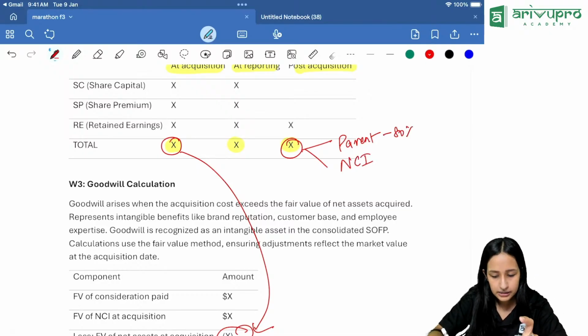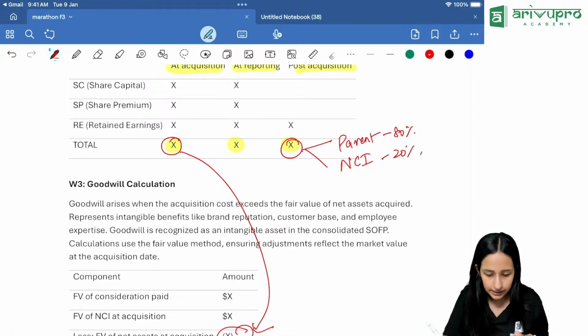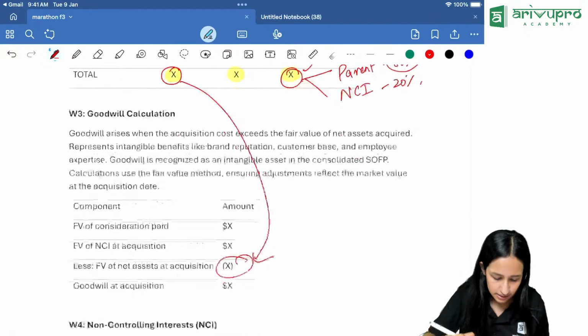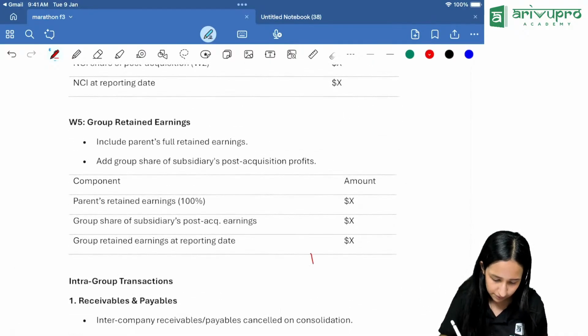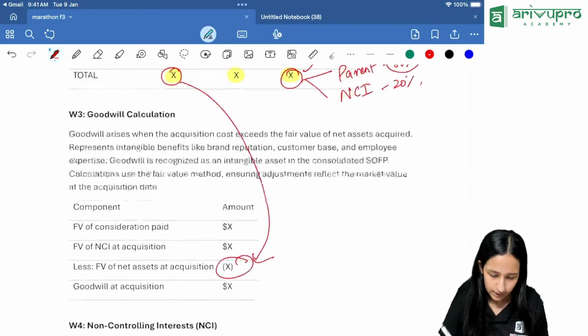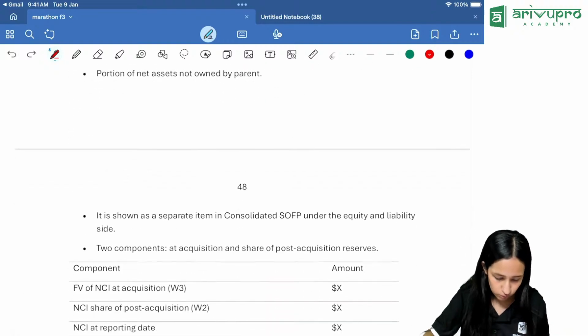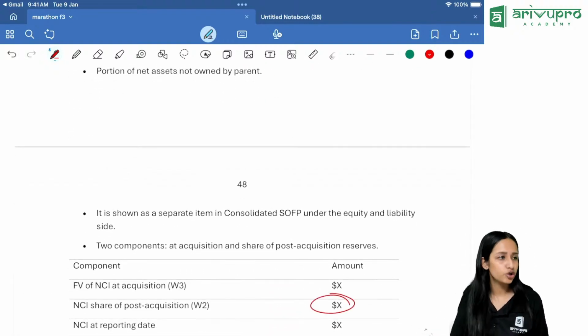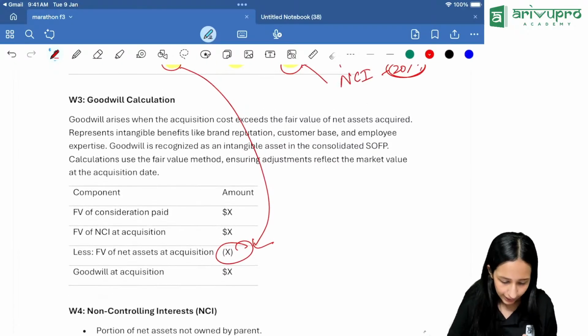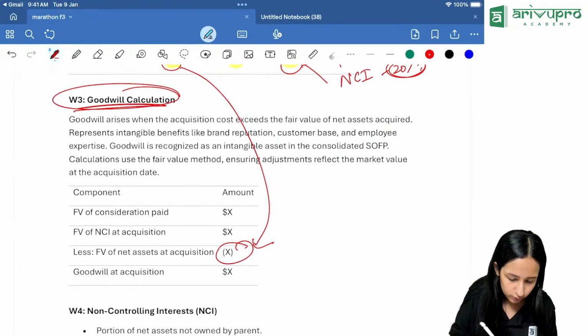Let's say 80% is held by the parent, 20% is NCI. So the 80% of this amount will go to working note 5, and the 20% will go to working note 4. Got it? Then we'll go to the third step, which is goodwill calculation.